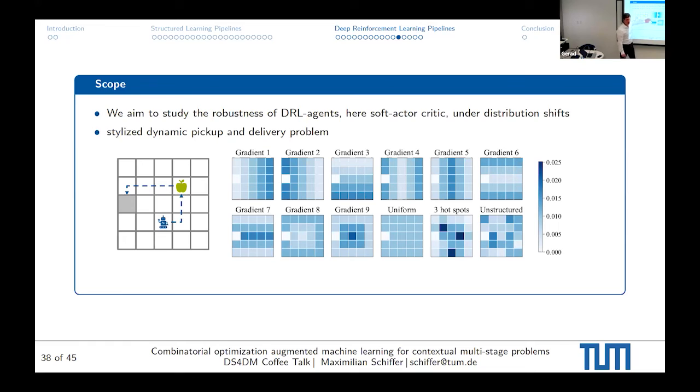Right, but what could happen in practice is there's endogenous uncertainty or whatsoever, or just a shift in my distribution. So I execute my policy in the end on gradient 4, gradient 9, gradient 5, whatsoever. And the question is, can I train a policy that also performs well on those other gradients without sacrificing too much performance on my training gradient?